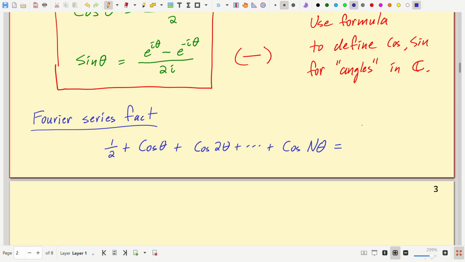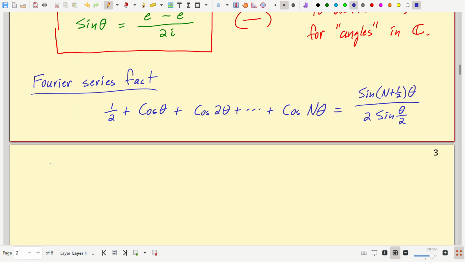Well, it turns out this has a very simple expression of sine n plus a half theta over 2 times sine theta over 2. That's the so-called Dirichlet kernel. And if you understand the Dirichlet kernel, you understand Fourier series and convergence. It's called D n of theta.